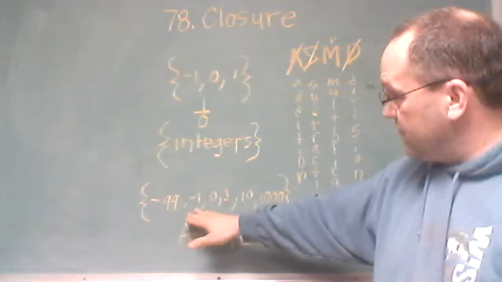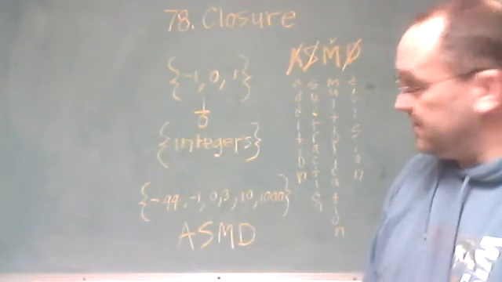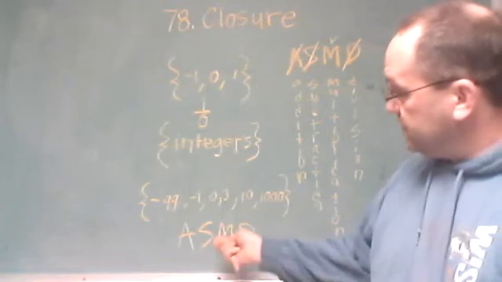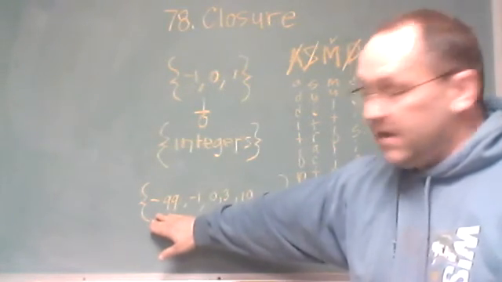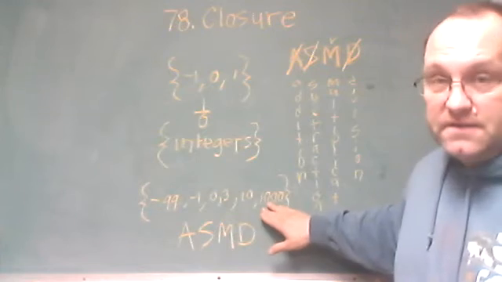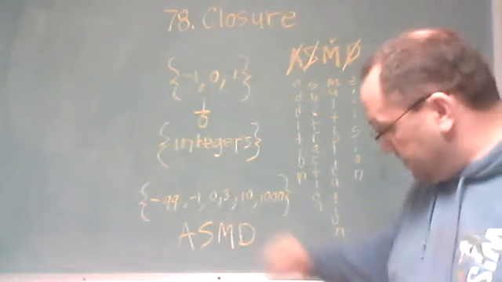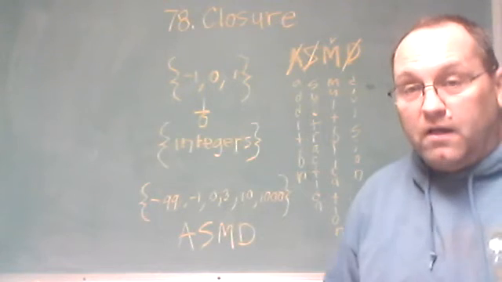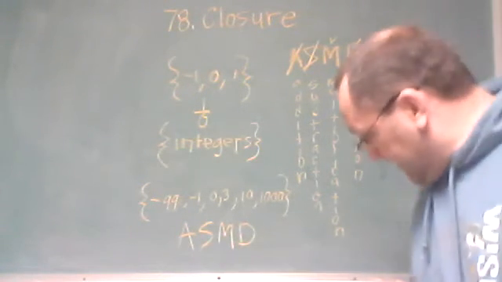Now, there's a lot more numbers in the set of integers than these, but these are just my sample numbers I'm going to look at. And when you pick them, try to pick a big negative number, a big positive number, a small negative number, a small positive number, and 0. And try to mix in even numbers and odd numbers, as I've done there.